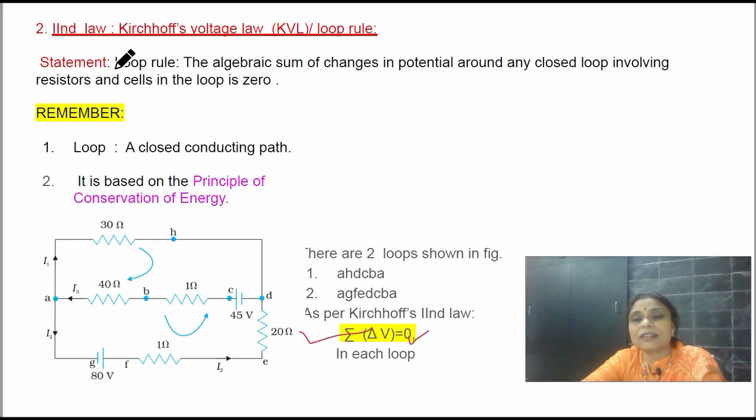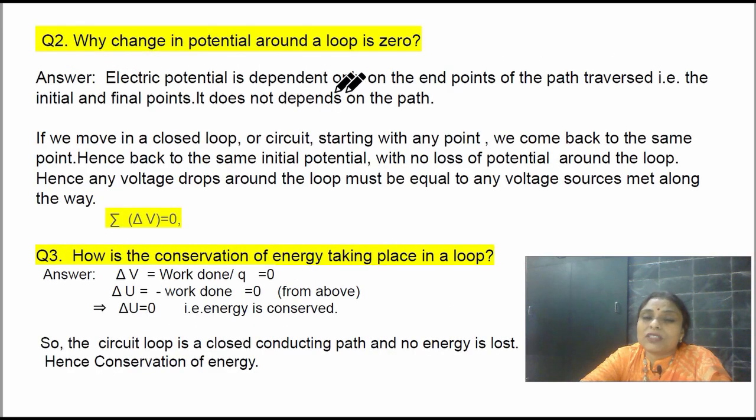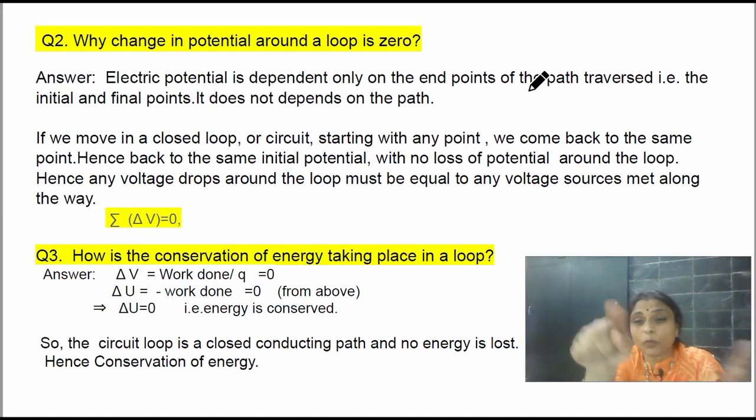To understand this, electric potential depends only on the endpoints. Remember in the earlier chapter we saw that the electric potential depends only on the initial and the final point. It does not depend upon the intermediate path. So if we move in a closed loop or circuit starting with any point, we come back to the same point.